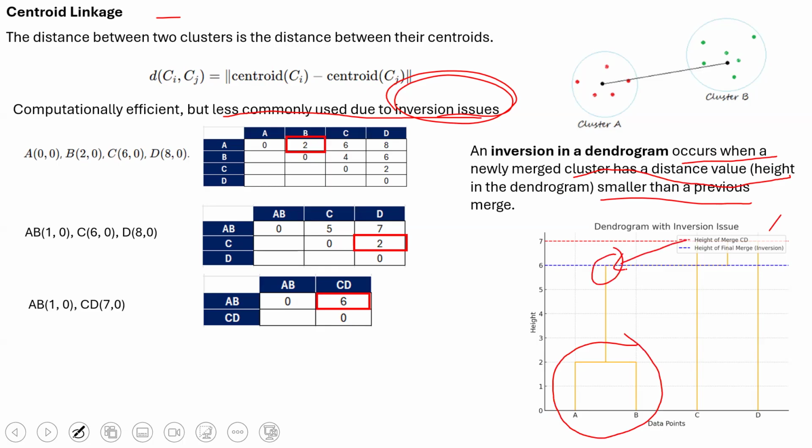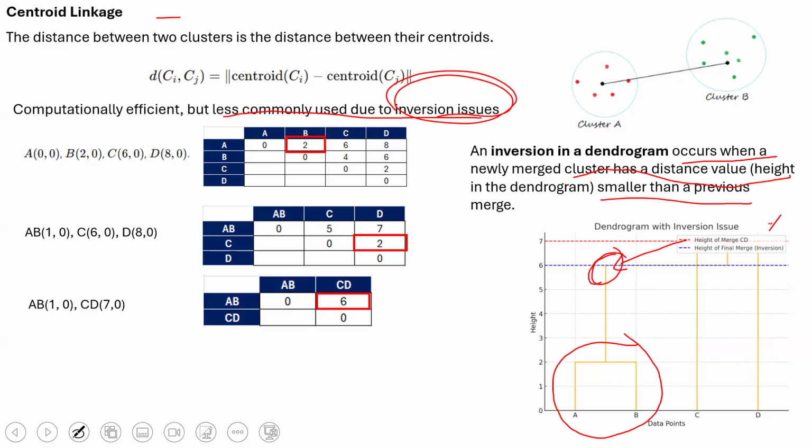The distance of the newly formed cluster is less than the older cluster that was formed at distance 7. That is called an inversion issue.